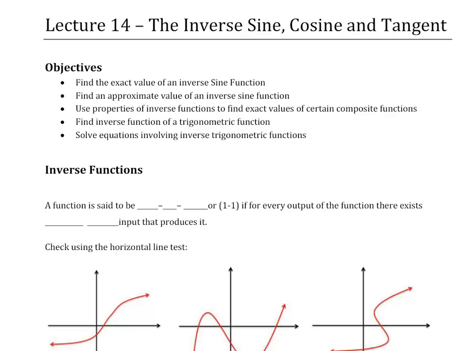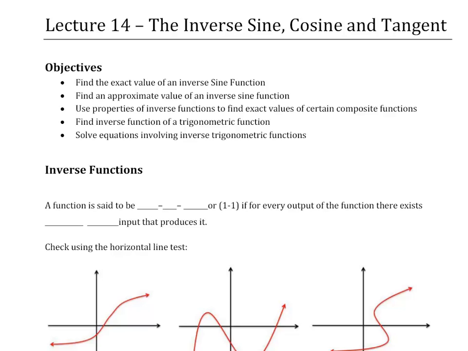But first, let's begin by reviewing what we know about inverse functions, or refreshing our memory from possibly previous math courses you've had. The first thing we want to talk about is what kinds of functions actually have an inverse.